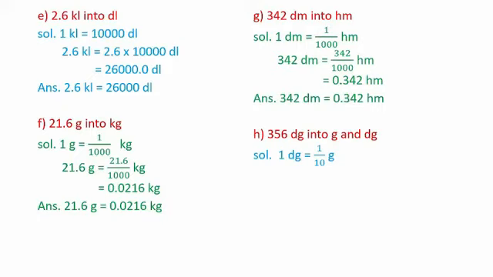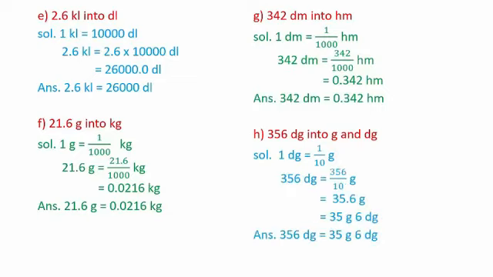Since decigram is a smaller unit and gram is a bigger unit, the relation between them is 1 decigram equals 1 by 10 gram. Operation will be division. So 356 decigram equals 356 by 10 gram, that is equal to 35.6 gram. Or we can write it as 35 gram 6 decigram. So the answer is 356 decigram equals 35 gram 6 decigram.